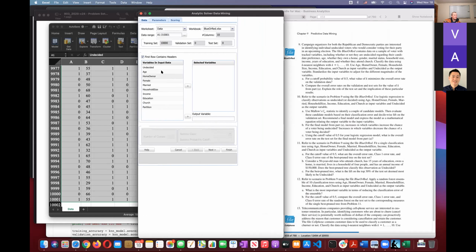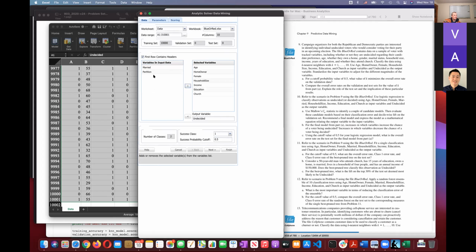Okay, again, we want undecided as the output variable. And then age, homeowner, go over there. And then we want female, household size, income, education, and church.